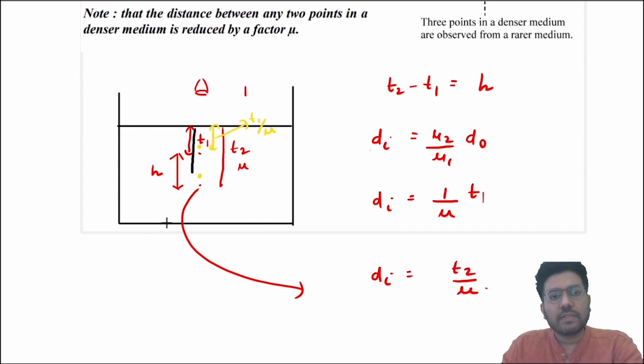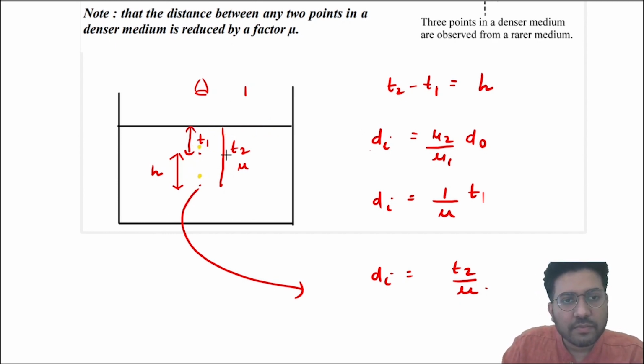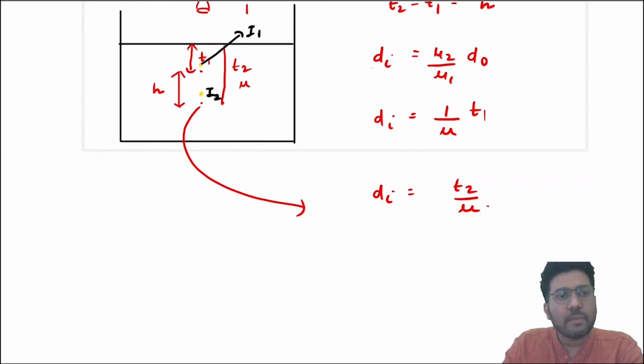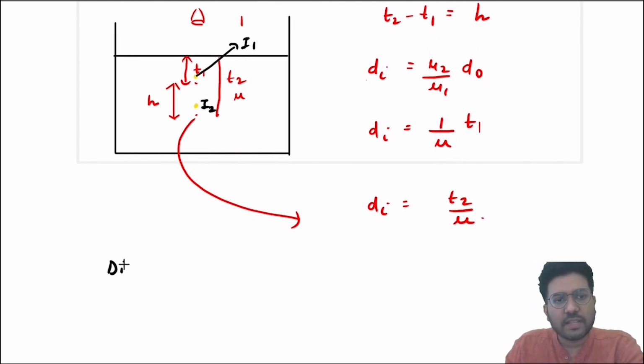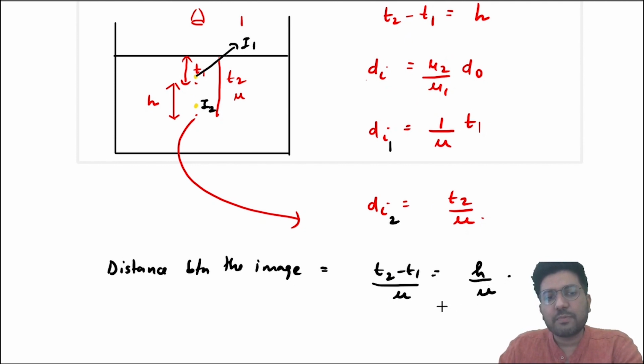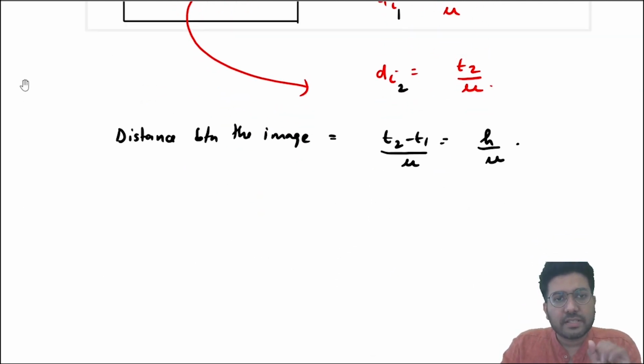I am just writing this is the image I1 and this is the image I2. Now the distance between the two images will be how much? Because you will see only the image, not the object, right? So the distance between the images will be equal to T2 minus T1 by mu, but T2 minus T1 is H, so it is H by mu. So you have proved it. That's it. So you have to remember this result. This is a very simple result.